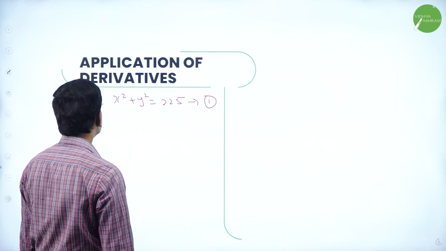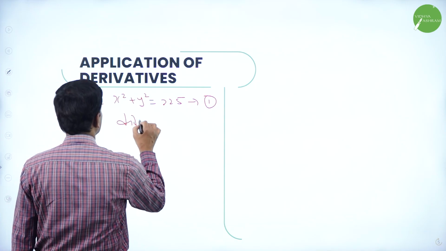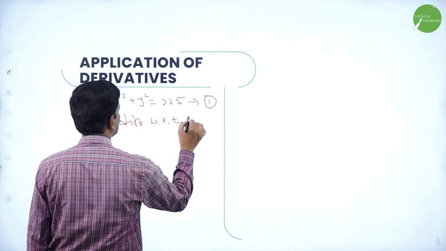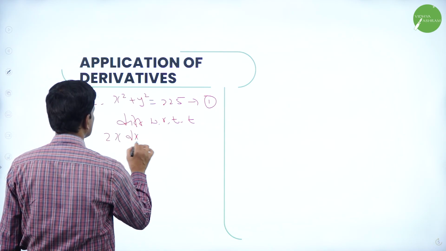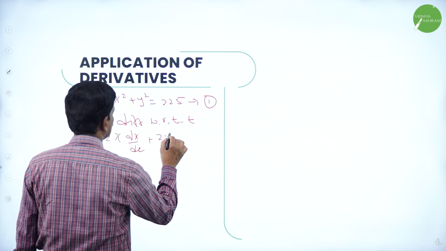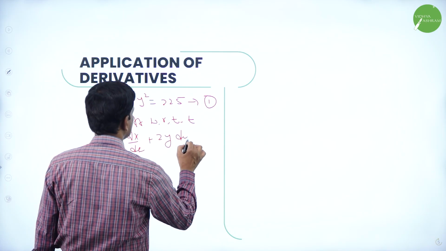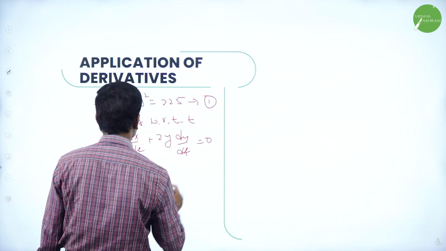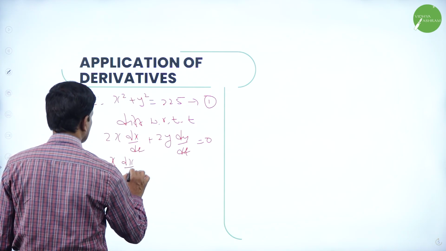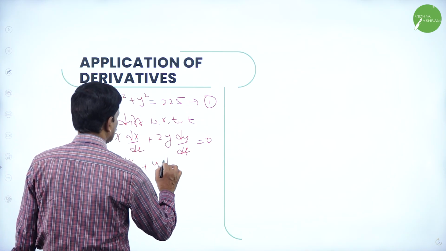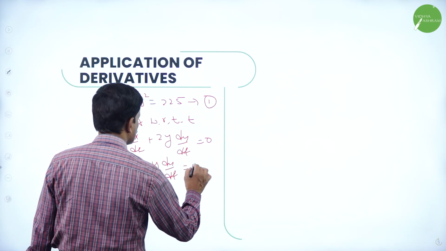Now differentiate with respect to t. Differentiation of x square is 2x dx by dt plus differentiation of y square is 2y dy by dt, is equal to the differentiation of a constant. Divide by 2, and you will get x dx by dt plus y dy by dt is equal to 0.